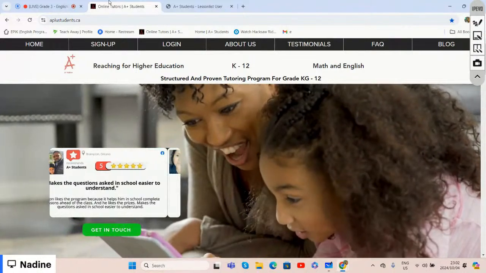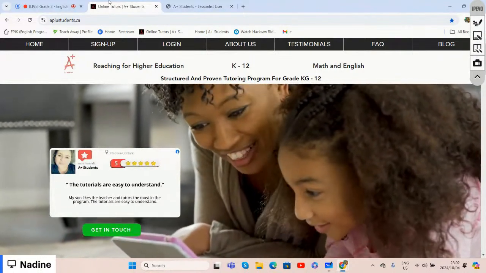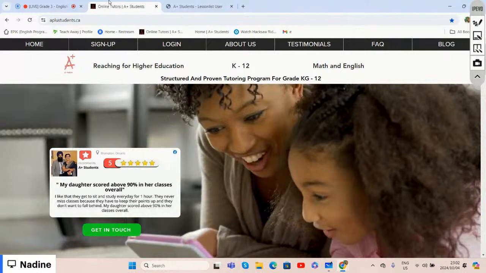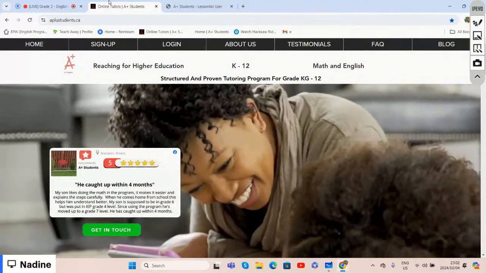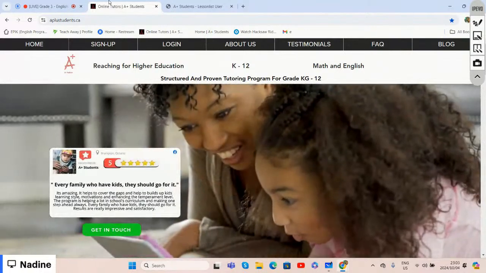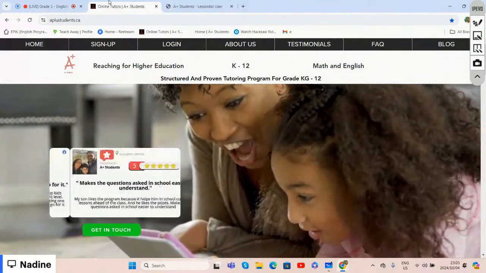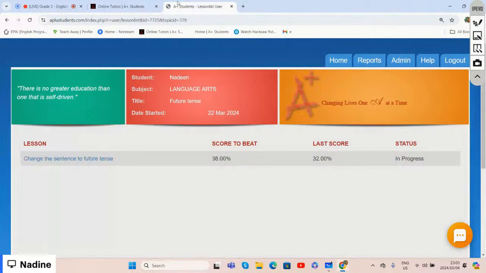We're doing grade 3, and then we're going to scroll down until we get to our chapter of future tense.